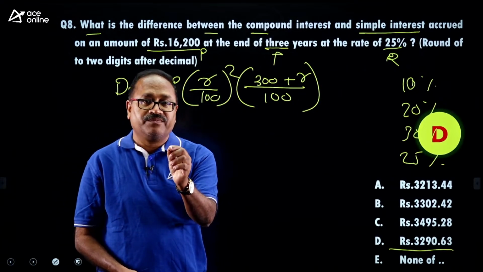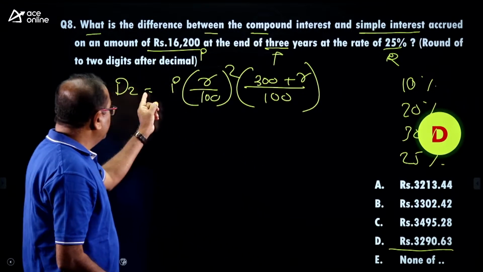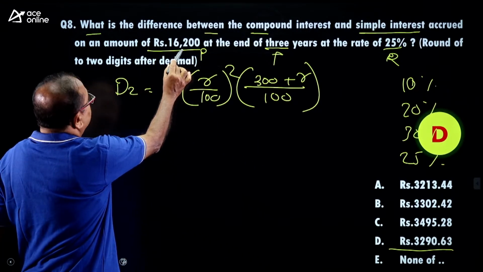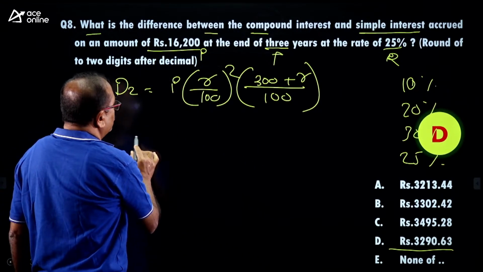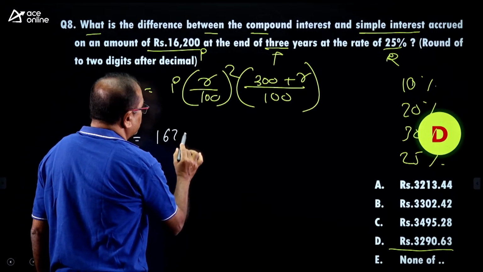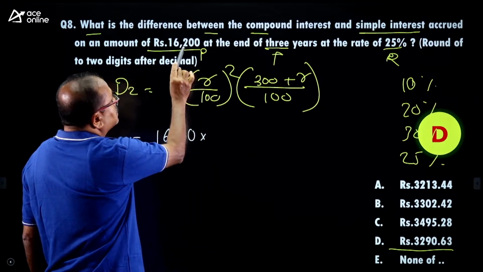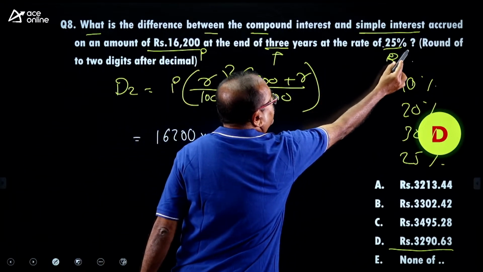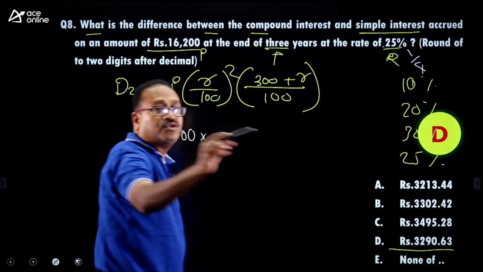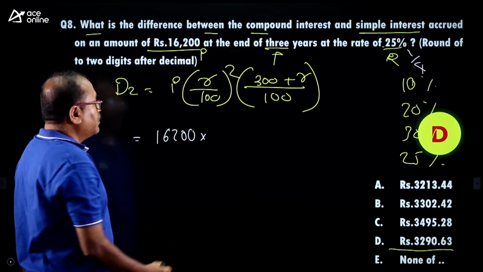That is the formula approach. What is that? Here, what is this one? Principal. So the principal is 16,200 into R by 100. That is 25 by 100, which is nothing but 1 by 4, to the whole power 2, 1 by 16.